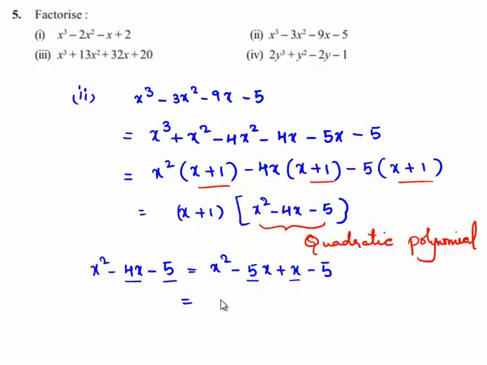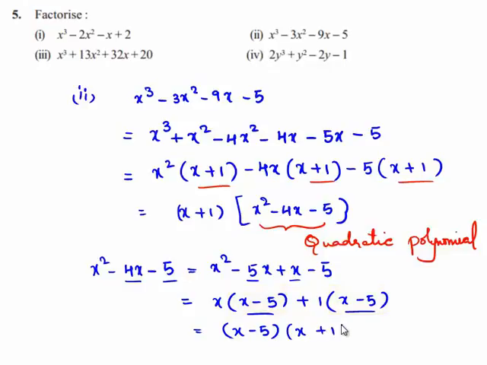So now we can take x as a common from this, which is equal to x times of x minus 5, and we can take 1 as a common, which is equal to 1 times of x minus 5. Again we can take x minus 5 as a common. We'll be getting x minus 5 times of x plus 1. So the quadratic polynomial can be factorized into x minus 5 times of x plus 1.